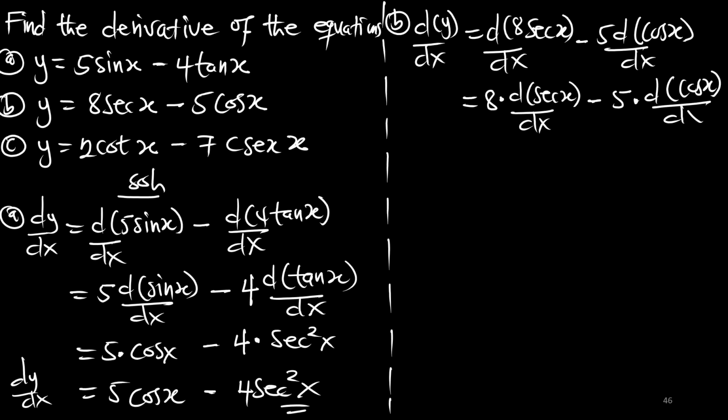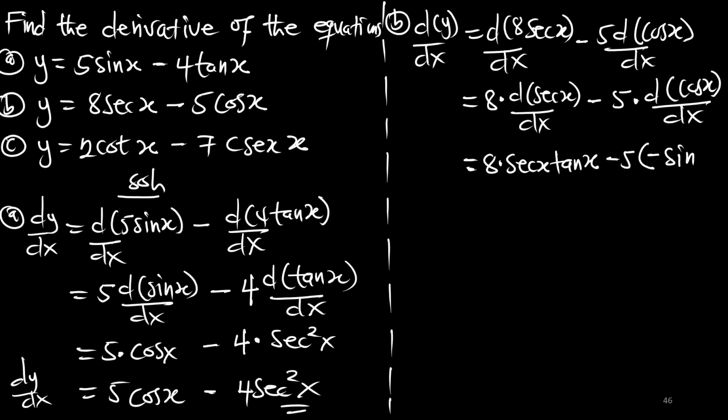Now this is going to be equal to 8 multiplying the derivative of sec x, which is sec x tan x, minus 5 times the derivative of cos x, which is negative sine x.